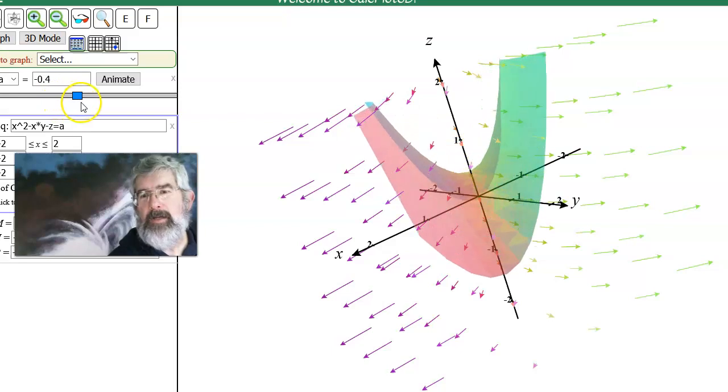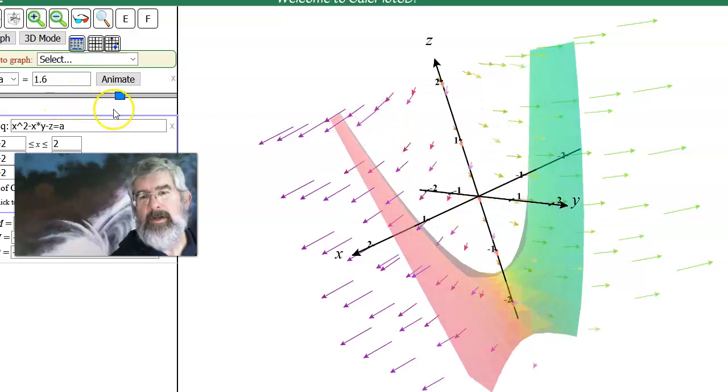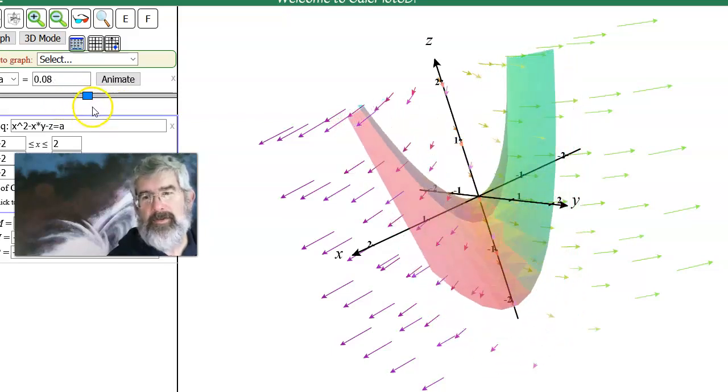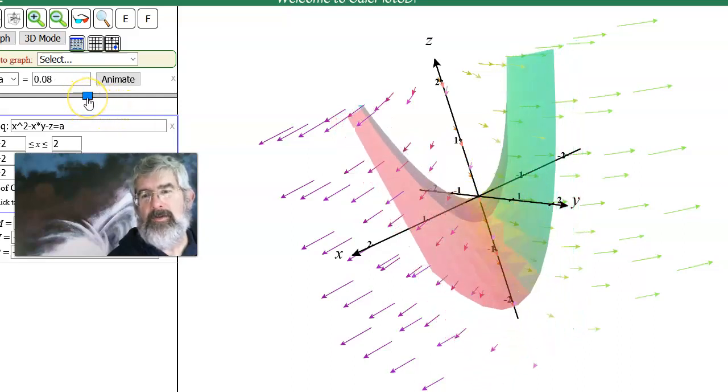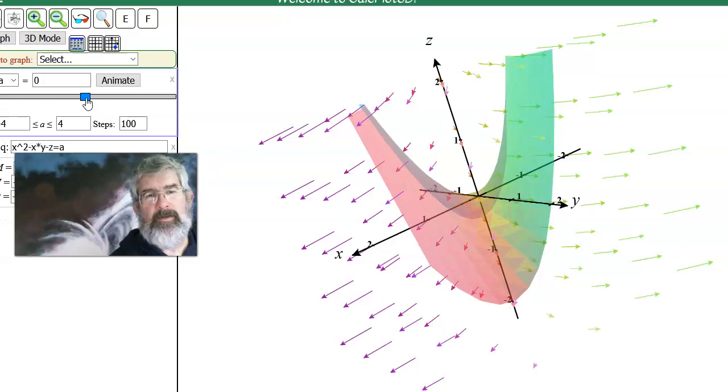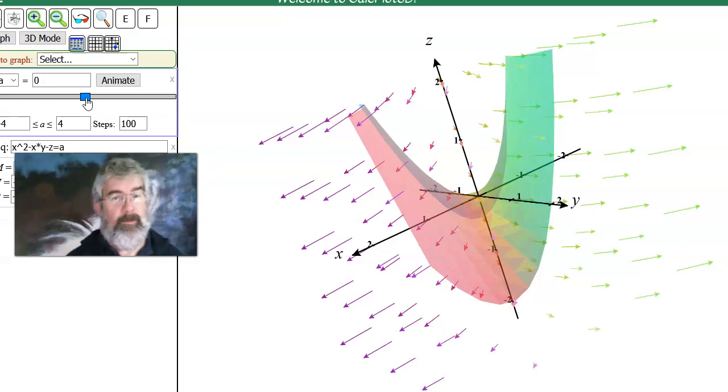And all those gradient vectors, well, where the gradients cross the surface, they cross it perpendicularly. Okay? We were just interested in one surface here at g equals 0.